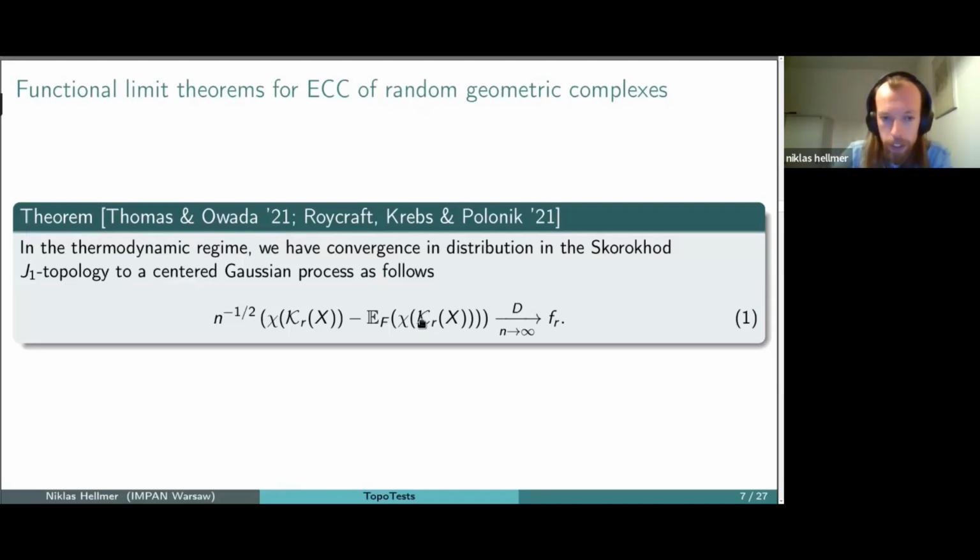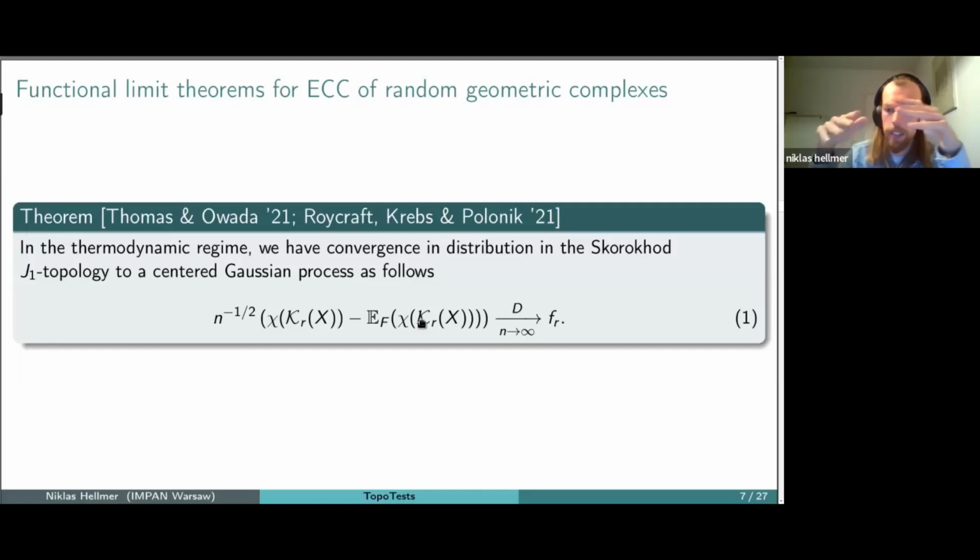Okay, so if you would fix some radius or a certain volume, if you like to think about it like that, in the limit you will get some Euler characteristic which is following a normal distribution.